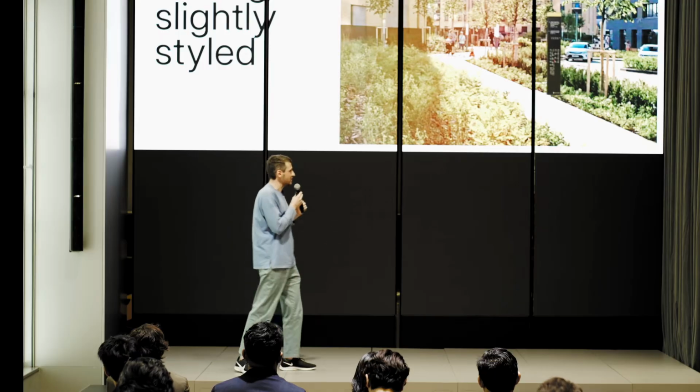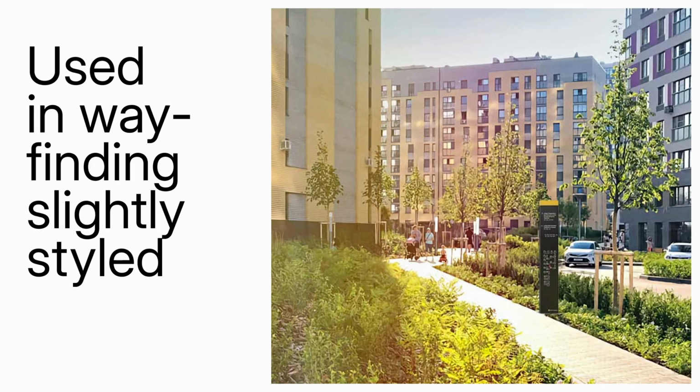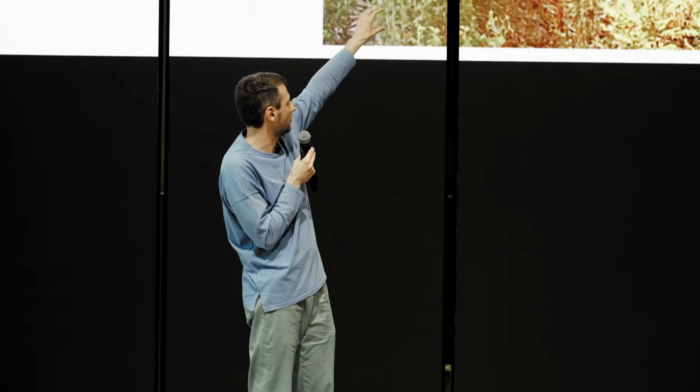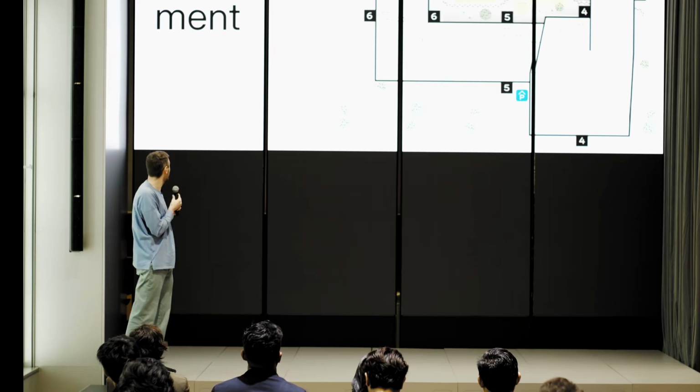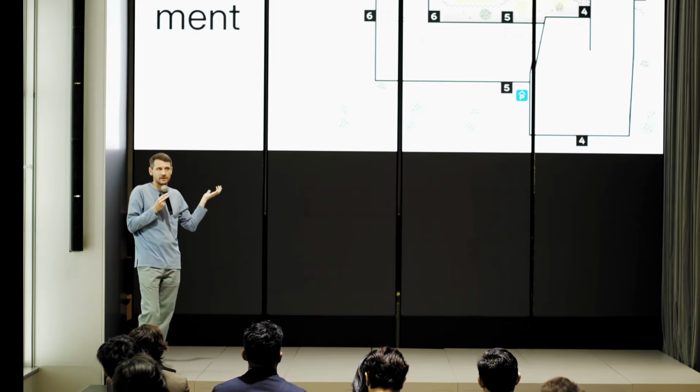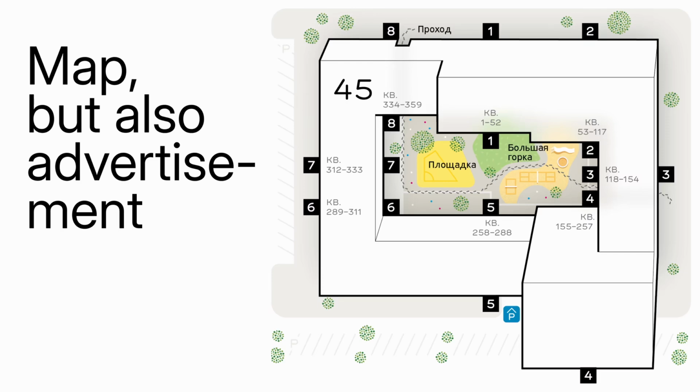And we also use the same map in a slightly modified way on this totem. So you can see there's a black and white simplified version in the bottom, along with some other wayfinding information on top. But also, in addition to being a map, it's an ad for the neighborhood. And we can use it not only in the wayfinding elements on site, but we could also publish it online.